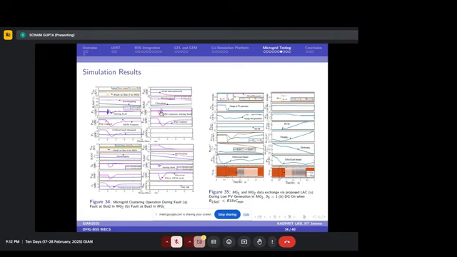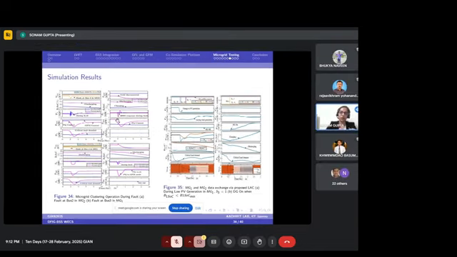The pink one represents the response during the fault when both microgrid clusters are connected, and when the clusters are not connected, because setups A and B represent the clustering form, and the other is just a single microgrid. So we have seen a significant improvement when the microgrids keep operating in the clustering mode of operation.